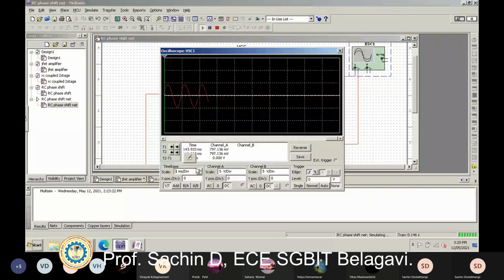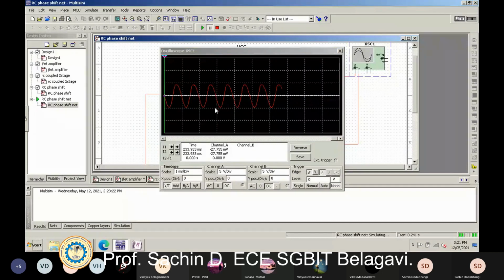So here you can see the time base scale is 1 millisecond per division. Now you check it: one cycle, how many divisions is it covering? It is covering almost one division, right? You can zoom in and check.